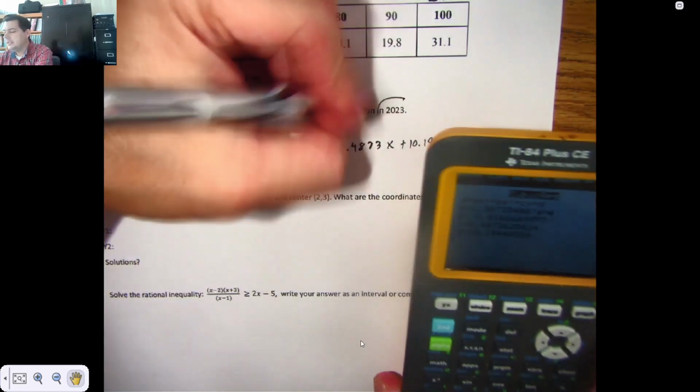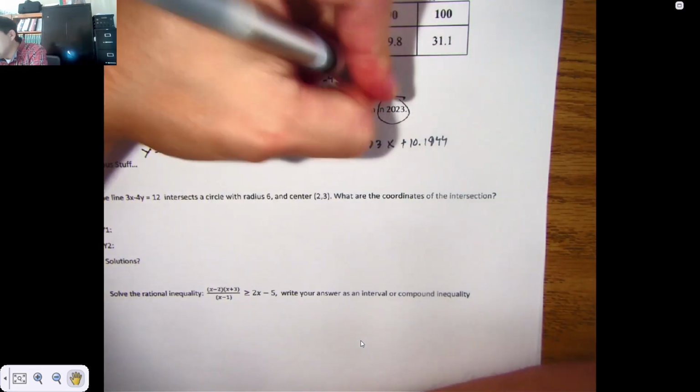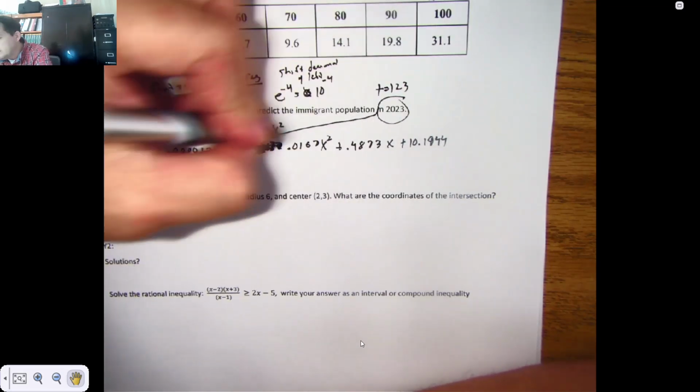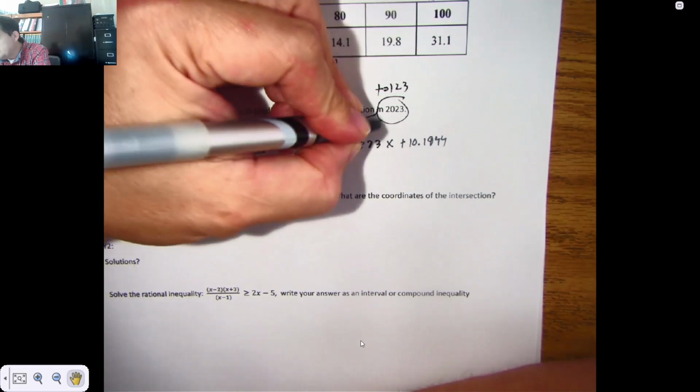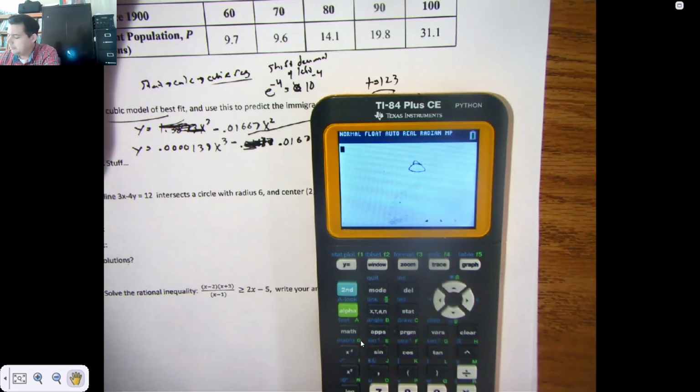And we want to predict the population in 2023. Well, this would be time is 123, right? So everywhere I see an X, I'm 123. But I don't need one there. And I am not wanting to write all that down because I just really don't feel like doing it.